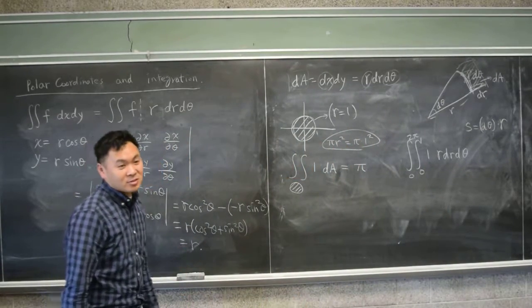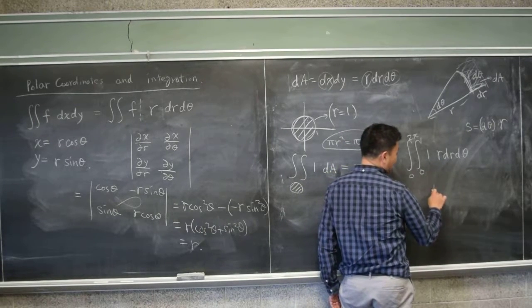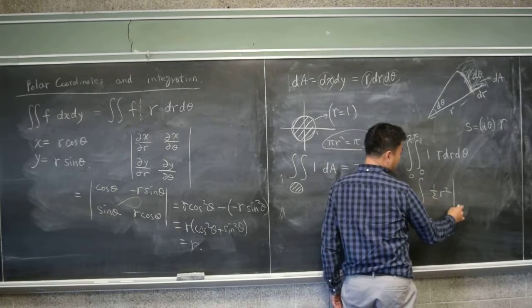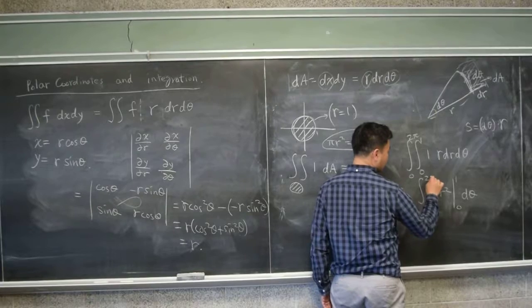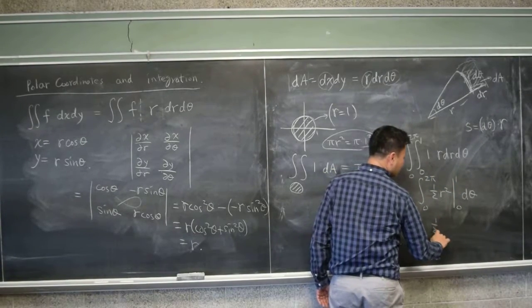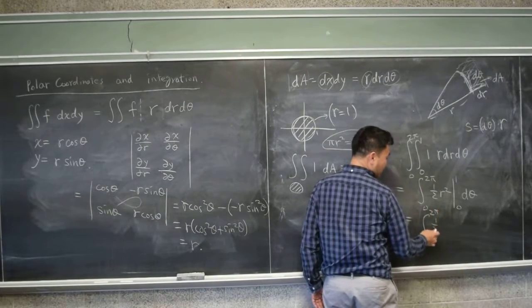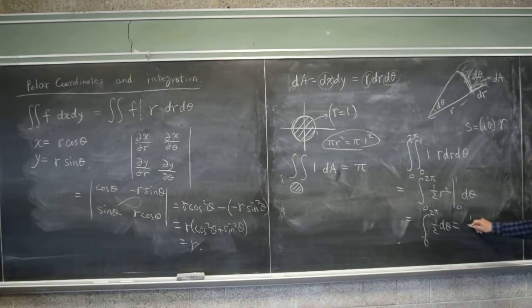Let's compute this and see what it gives us. If you integrate this, this is 1/2 r squared, and we're plugging in 0 and 1. When you plug in 1, that's 1/2. When you plug in 0, it's 0. So now you have to integrate 1/2 d theta from 0 to 2 pi, which is 1/2 theta.